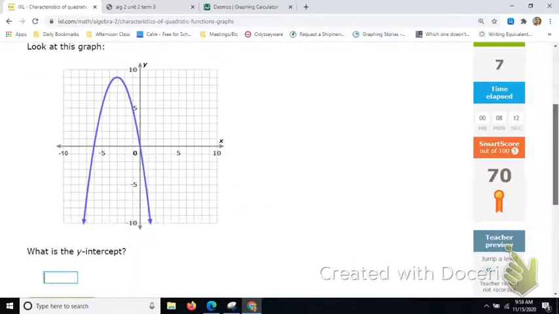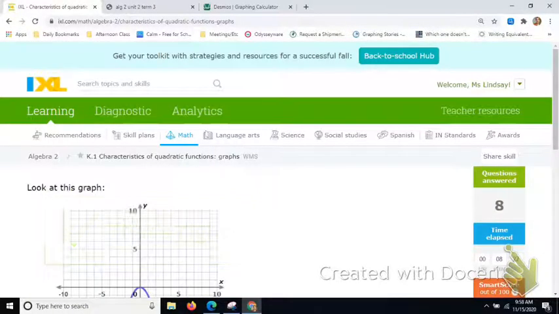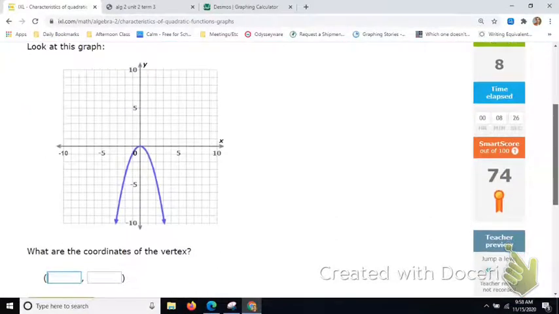So here the y-intercept is 0. It's crossing right here in the middle. And in this case, the vertex is at the origin, 0, 0.